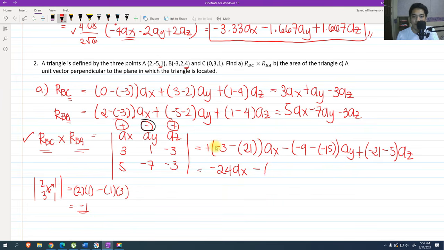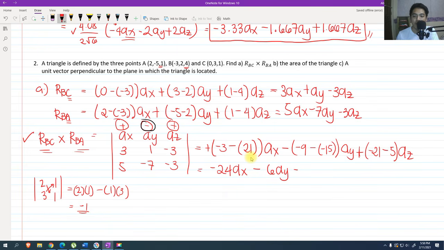So again, negative 3 minus 21 would be negative 24 A_x. So we have minus negative 9, negative times negative here would be positive. So this would be 15 minus 9. So that's 6, but we have a negative sign here, so this becomes negative 6. Okay, so we have negative 6 A sub y. And then we have 21 minus 5.